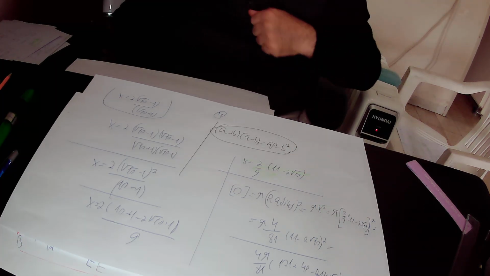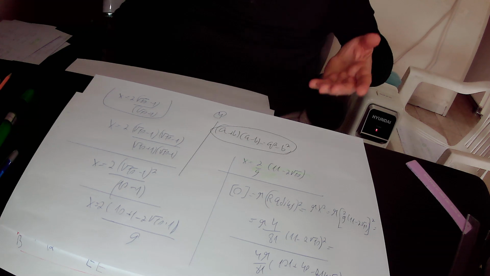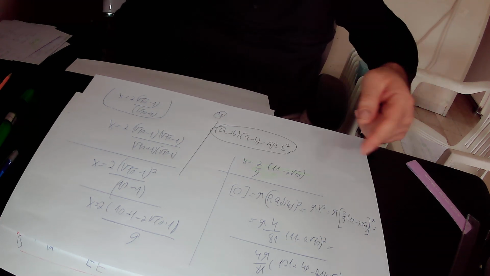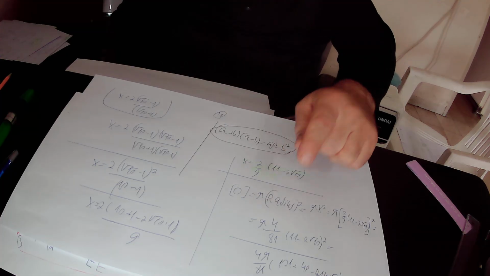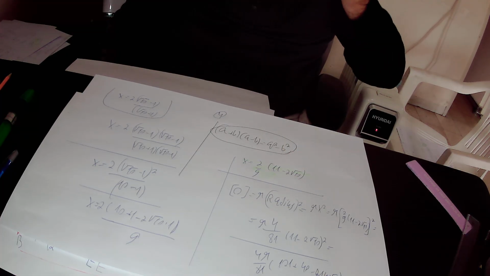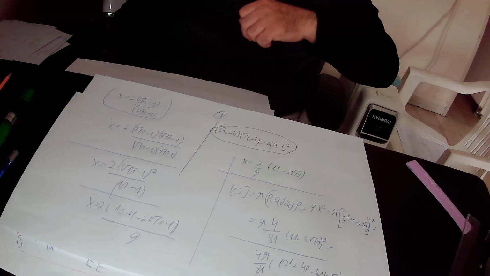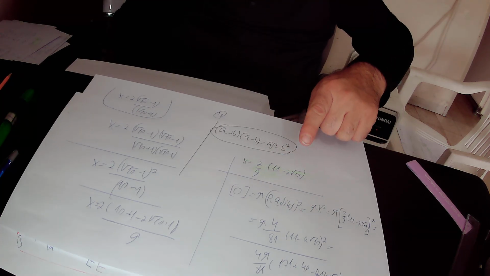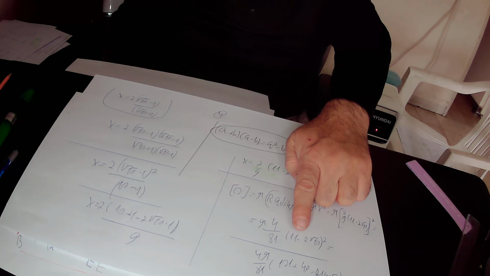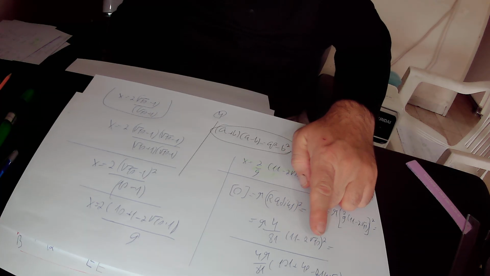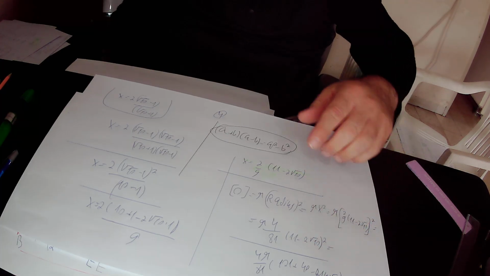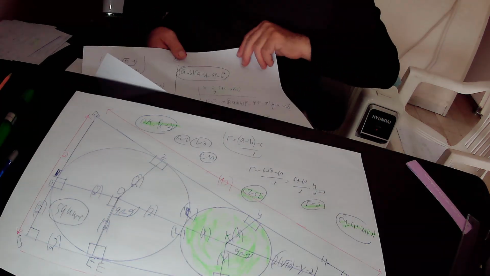According to algebraic identities, a minus b squared equals a squared plus b squared minus 2 times a times b. So in total, we find that the area of the green circle equals 4 pi over 81. In the brackets we have 121 plus 40, this is 161, minus 44 times root of 10.